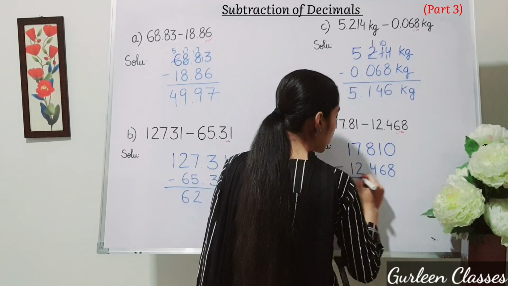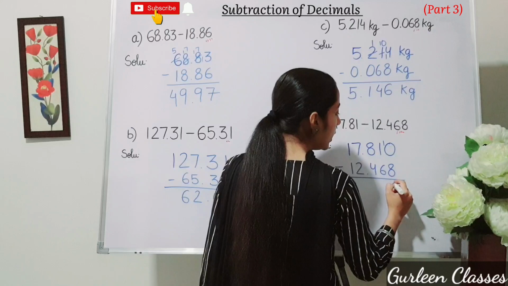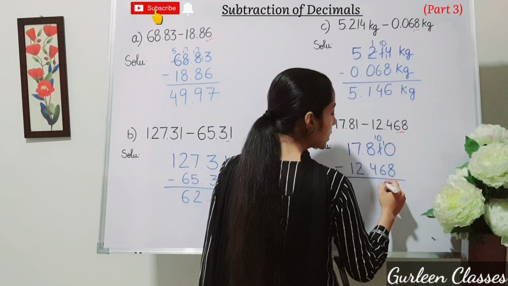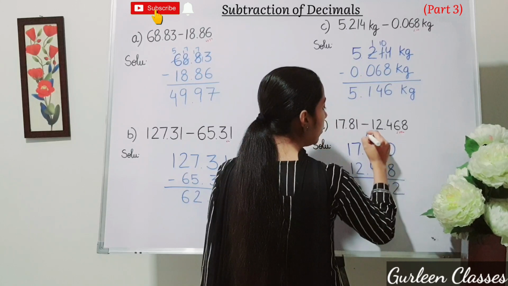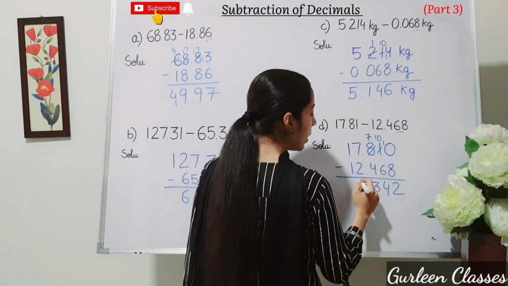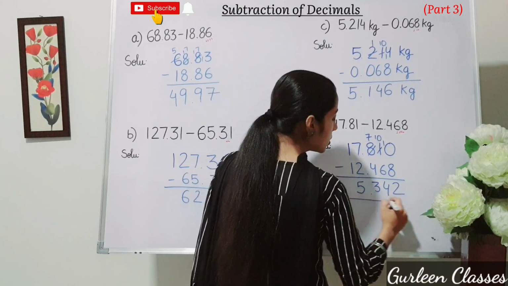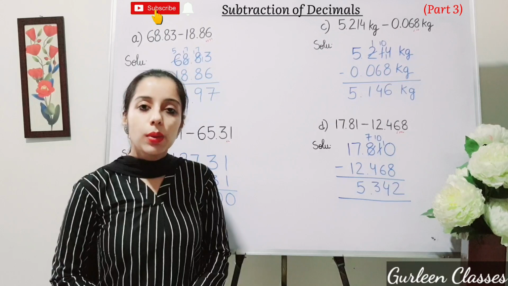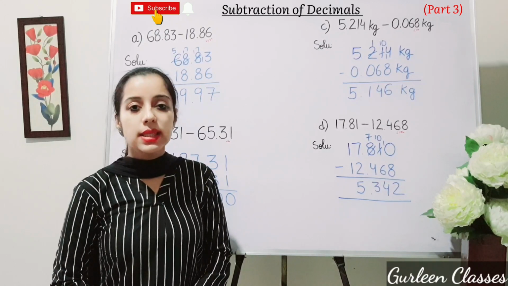So let us subtract. 10 minus 8, 2. So here it will be 10 minus 6, 4. So it will be 7 minus 4, 3. And 7 minus 2, 5. So the answer is 5.342. I hope students subtraction of decimals is clear.